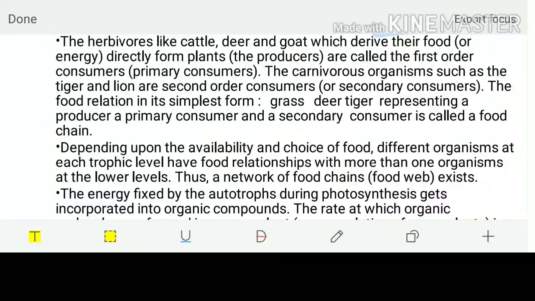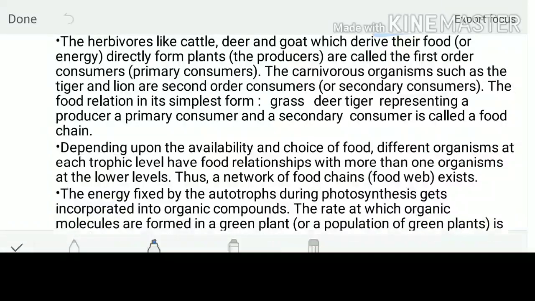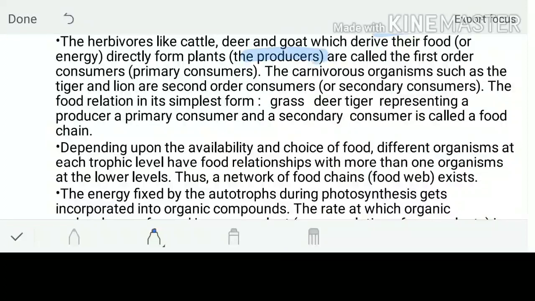So ultimately we have three names now: the producer, the primary consumer and the secondary consumer. What is the difference between the primary consumer and the secondary consumer? Basically, animals which feed directly on the producers are called primary consumers, and the carnivorous organisms which feed on the primary consumers are called secondary ones. Examples of carnivores or secondary consumers are tigers and lions.